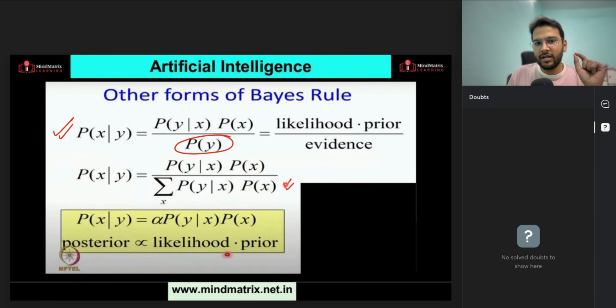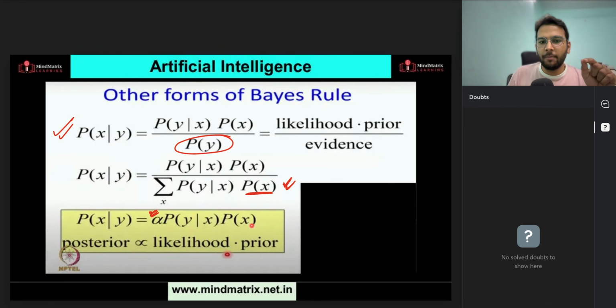So we can write it like this. Now this probability of y is basically the same for all x. So we can ignore this term and introduce the normalizing constant alpha, right?